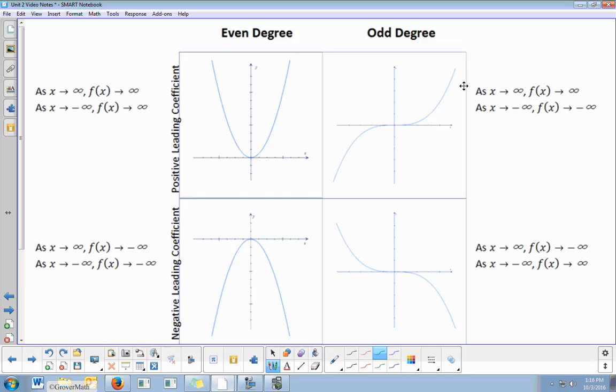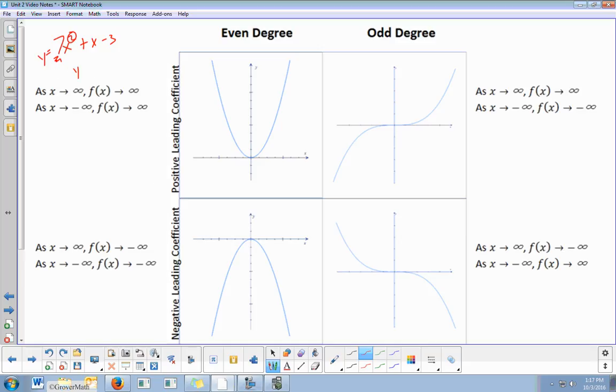So this is talking about even and odd degree, but what this is further getting into is talking about the lead coefficient. And the lead coefficient is whatever the coefficient is of that highest exponent. So if you have 7x squared plus x minus 3, this would be an even degree because the highest exponent is even, and the lead coefficient would be 7.